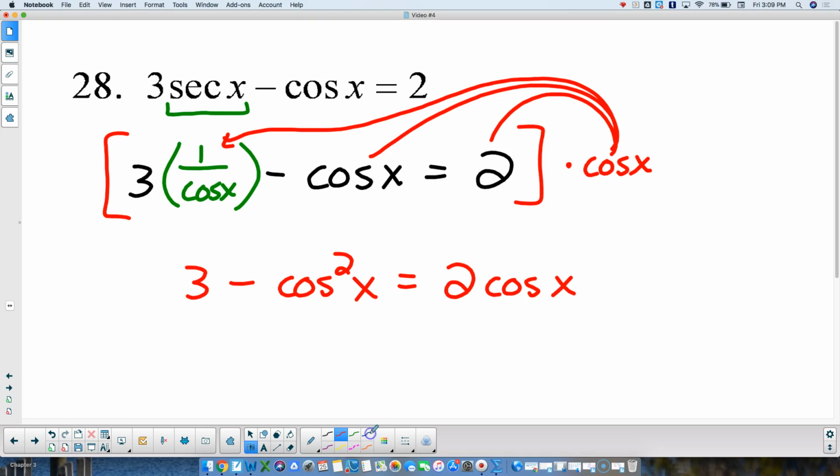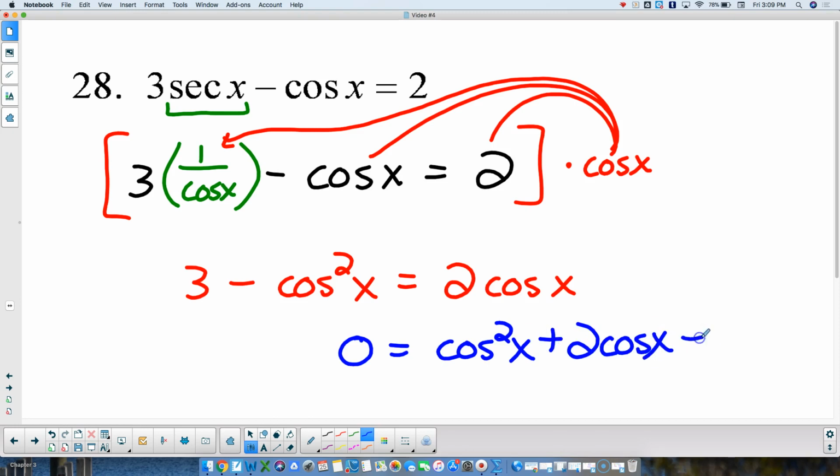Let's get everything onto one side. That means it's going to be 0 equals cosine squared of x after I added it over to the other side. 2 cosine of x is already here. Subtract 3 from both sides gets me to there.